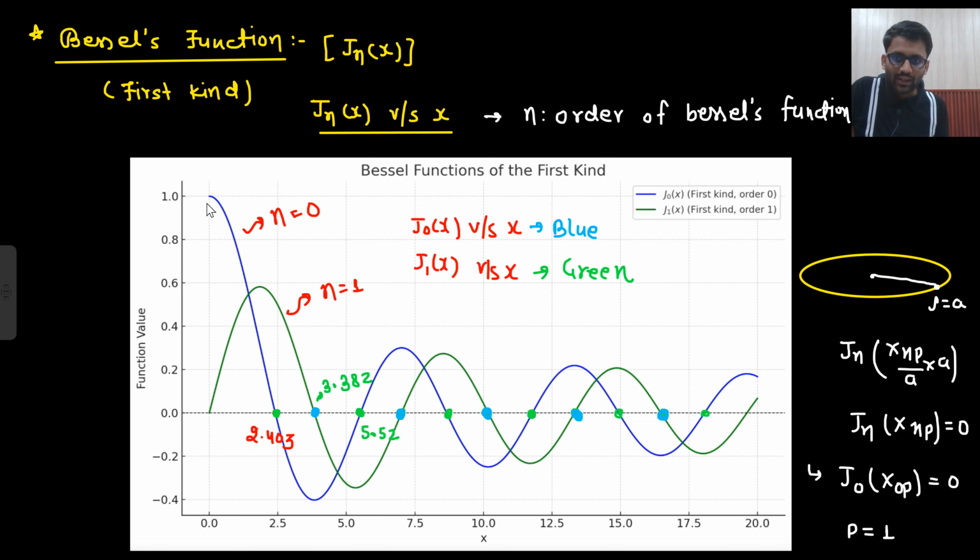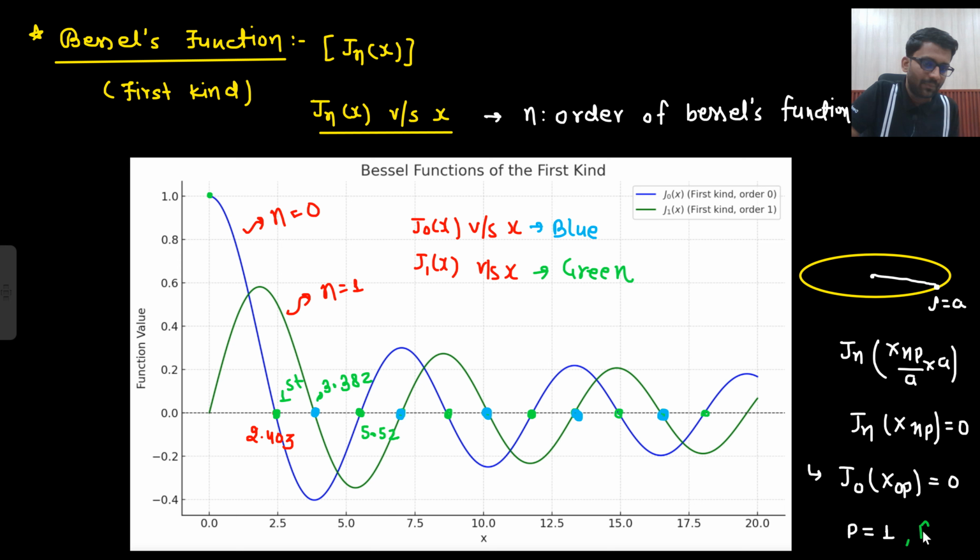So for n equals 0 you need to look at this curve only, and for the first time I am getting 0 here. So if p equals 1, in the complete circular waveguide you are getting 1 minima and 1 maxima.